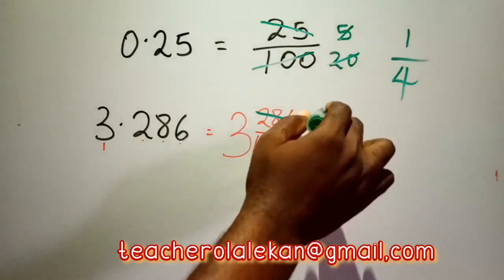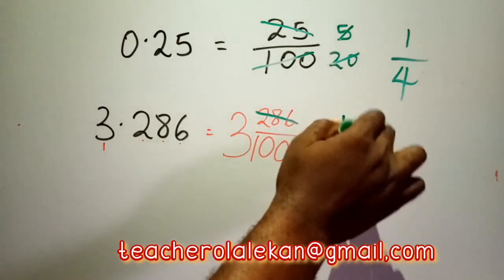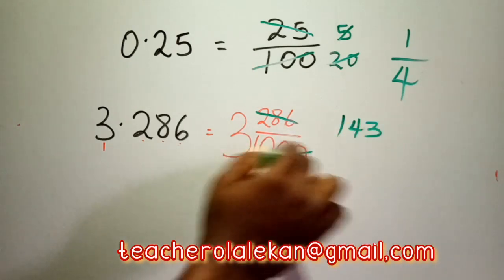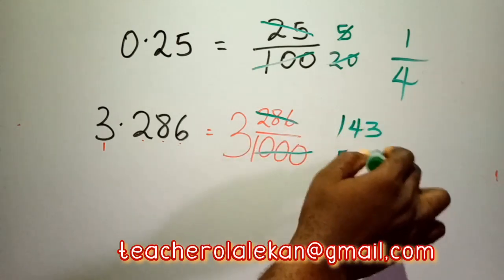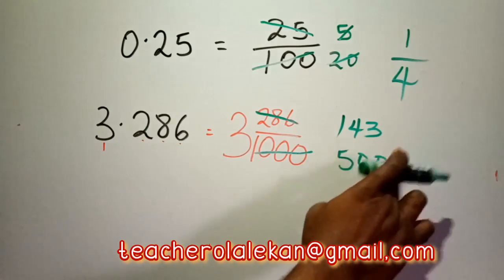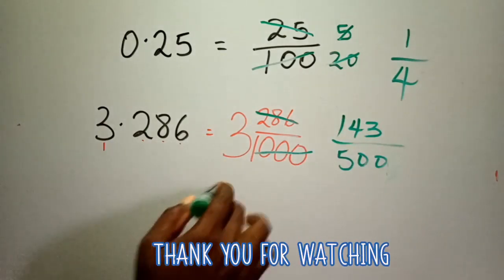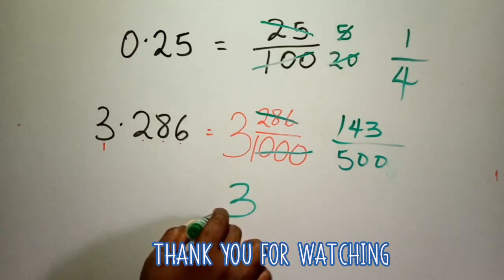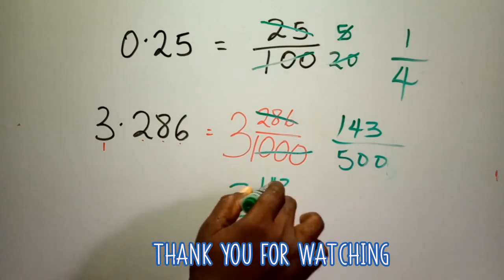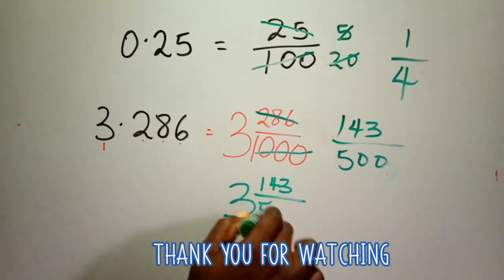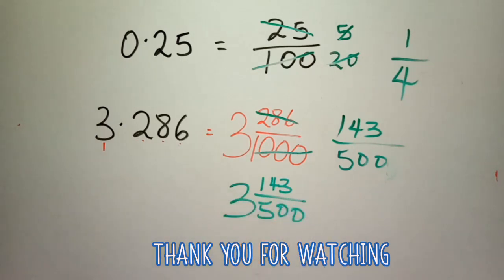So we have 2 here, that is 143, and 2 here is going to be 500. So that means 3.286 in its lowest term is equal to 3 whole number 143 over 500.